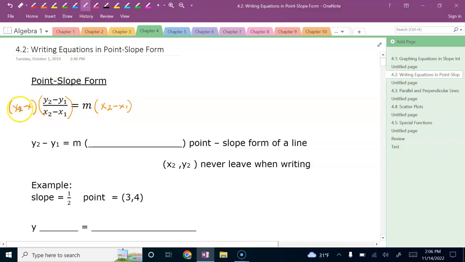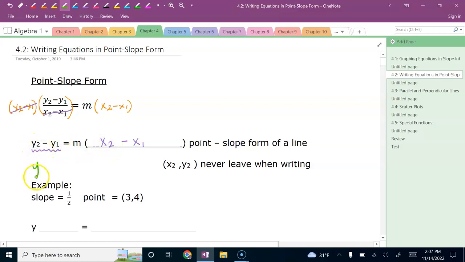Now over here on the left, those cancel, and you have the y2 minus y1, which is what they wrote right here. And then over here on the right-hand side, you've got the slope, and then you've got, in parentheses, the x2 minus x1. And that's really what point-slope form is going to look like. Now, the only minor difference that you're going to see as I get into some examples today is I'm not going to write y2 or x2.